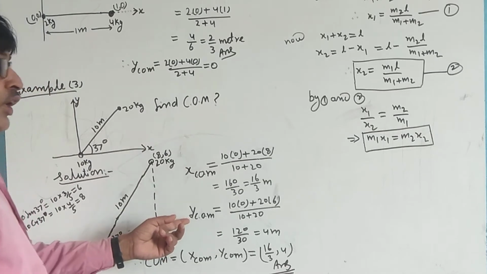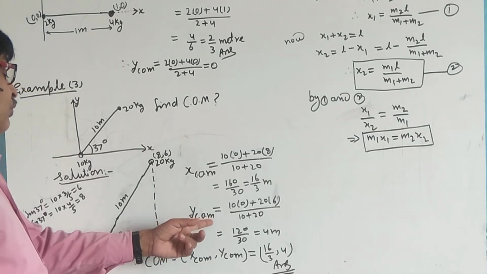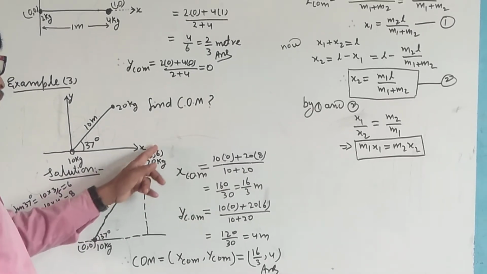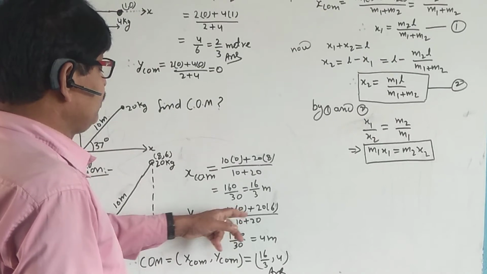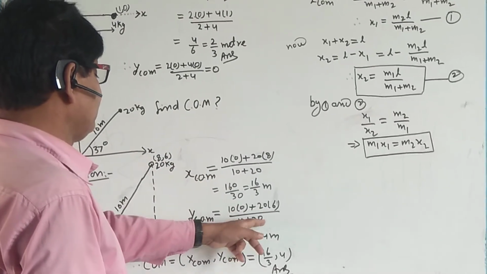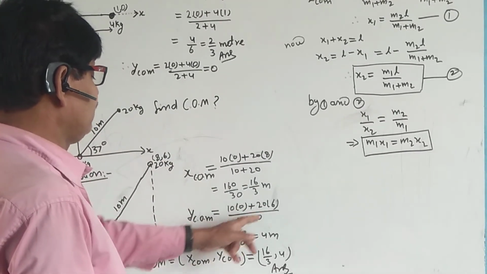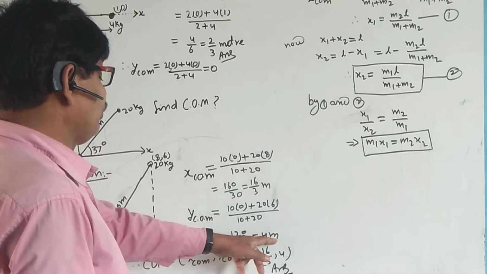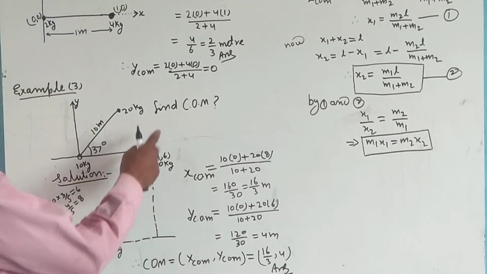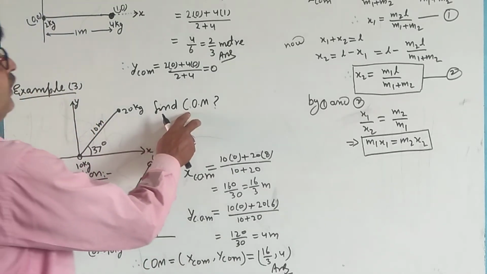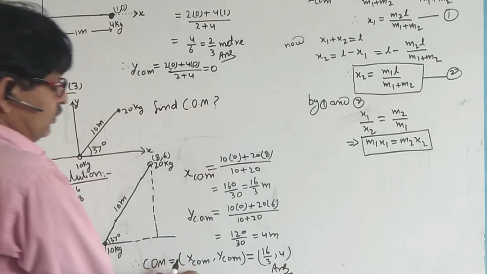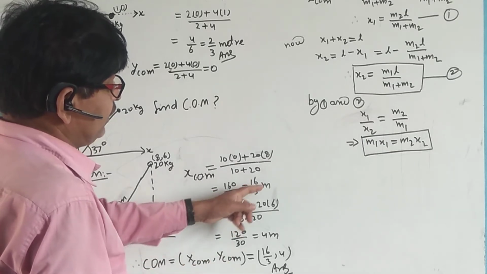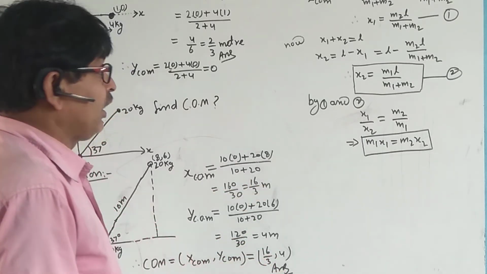The y coordinate of center of mass is equal to 10 y1 plus 20 y2, 10 into 0 plus 20 into 6, divided by 30, that is 120 divided by 30, which is 4 meter. So the center of mass is x coordinate 16 by 3, y coordinate 4. This is our answer.